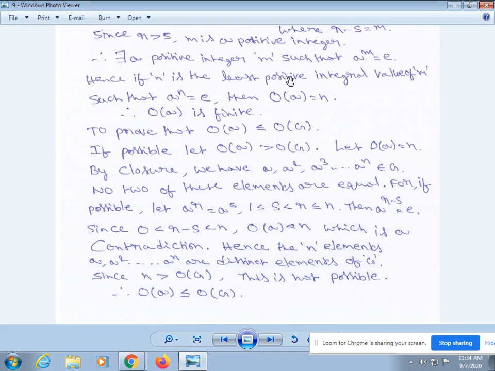Since 0 is less than r minus s, which is less than n, order of a is less than n, which is a contradiction. Hence, the n elements a, a square, and so on, a power n are distinct elements of G. Since n is greater than order of G, this is not possible. Order of a is less than or equal to order of G.